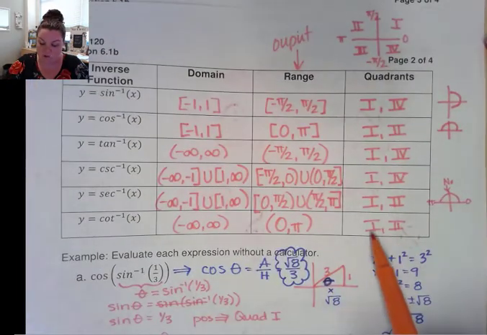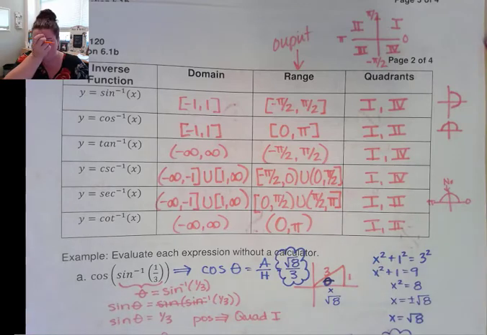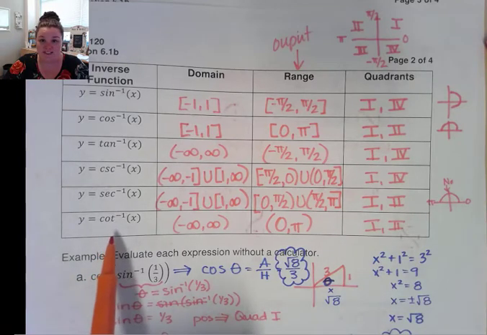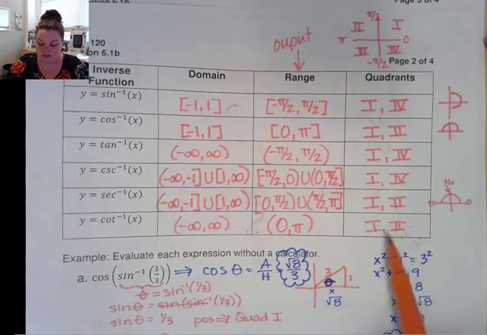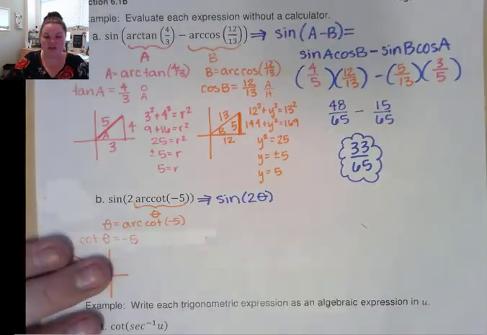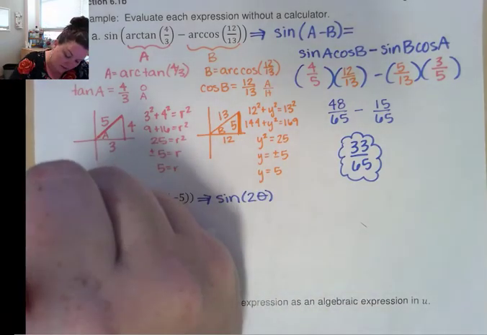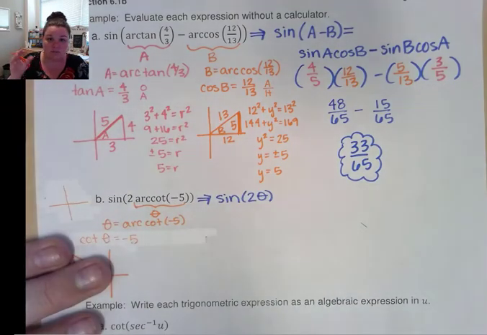Okay, now remember when we're looking at cotangent or arc cotangent, let me bring my chart back, it has to be in quadrant 1 or quadrant 2. So I have to think about where cotangent is going to be negative. Well, cotangent is related to tangent, right? Tangent is a ratio of sine and cosine.